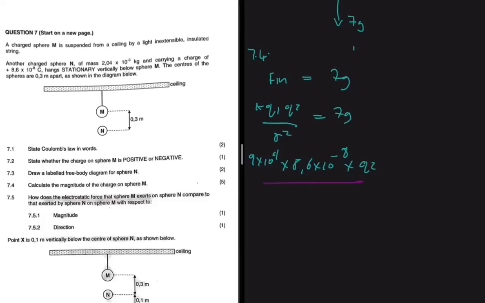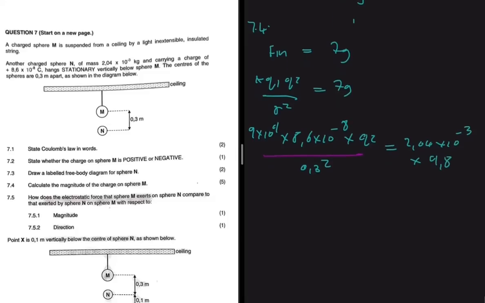Their centers are 0.3 meters apart, so we have 0.3 meters squared. Fg is the mass multiplied by gravity, so 2.04 times 10 to the minus 3 multiplied by 9.8.